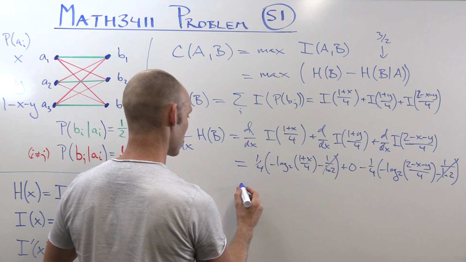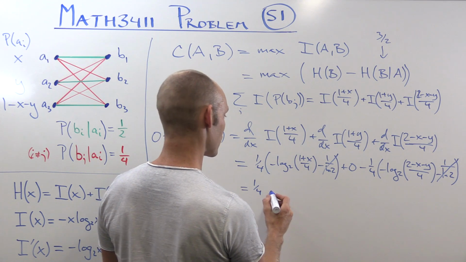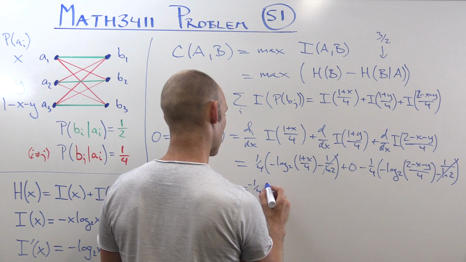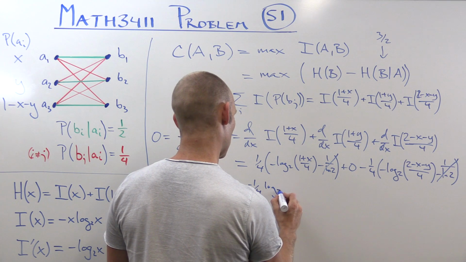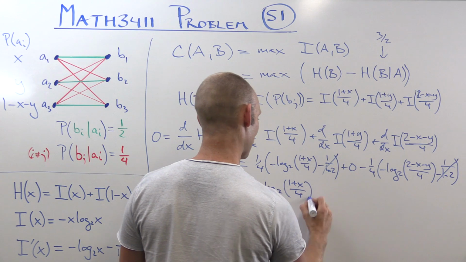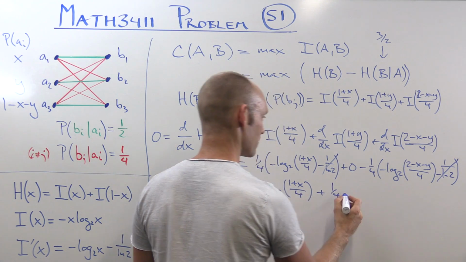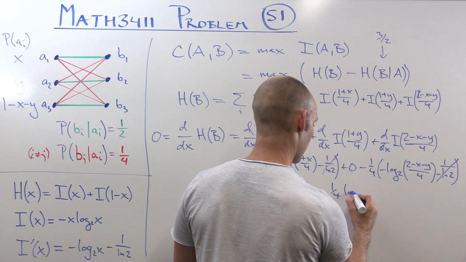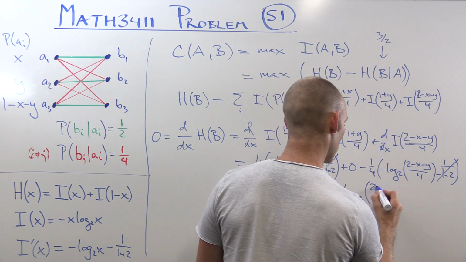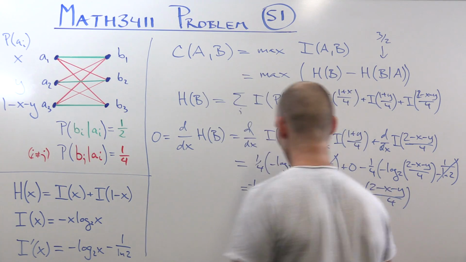I'll just write it a little bit simpler as a quarter times, well, minus a quarter log 1 plus x over 4. And then minus minus gives us a quarter log 2 minus x minus y. And there we go.